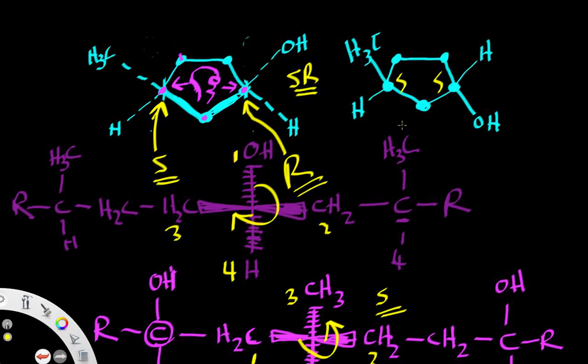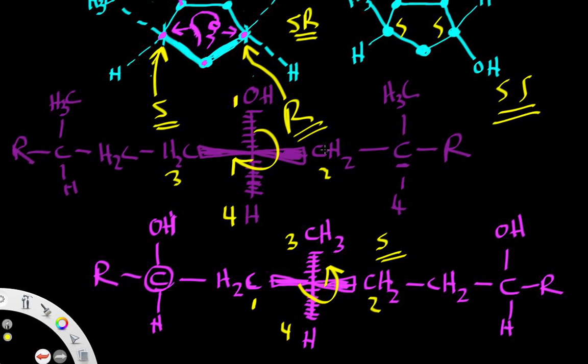So if I have RR and over here I have an SS configuration, I want to show that when we compare these two molecules, we are actually looking at diastereomers.